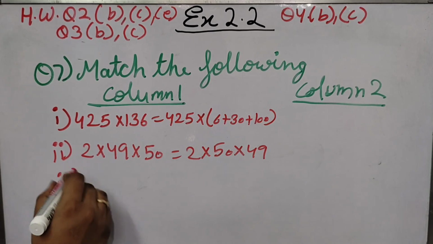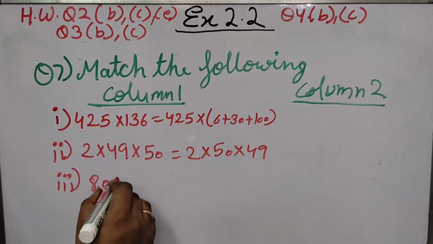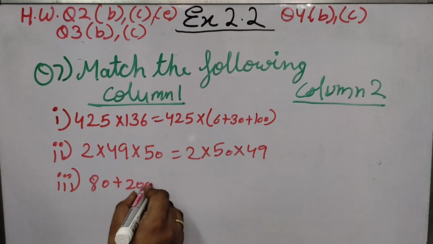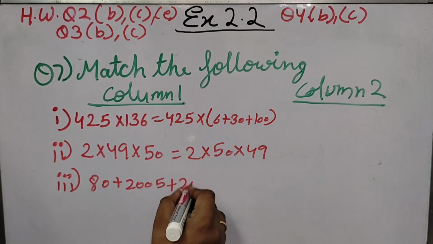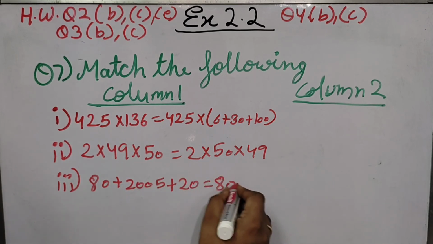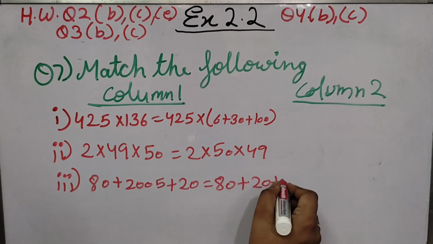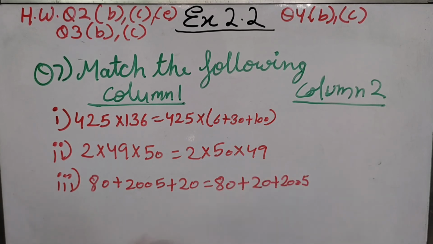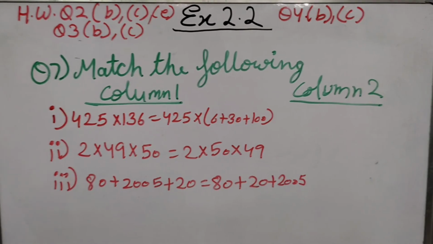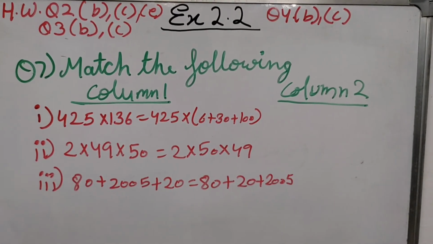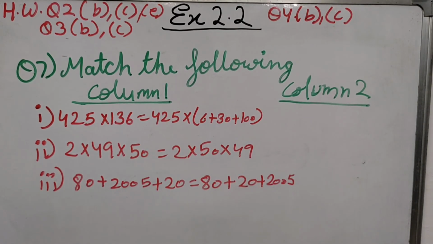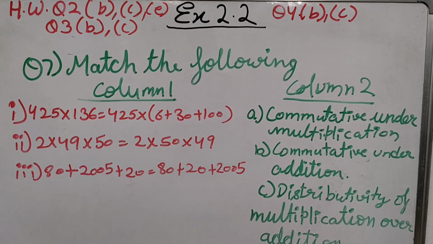Part third, 80 plus 2005 plus 20 is equal to 80 plus 20 plus 2005. And in column 2, you are given different properties.